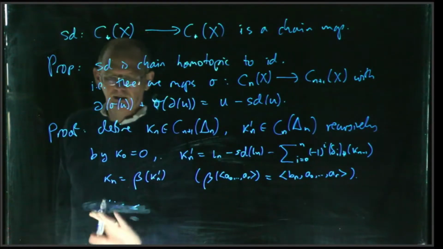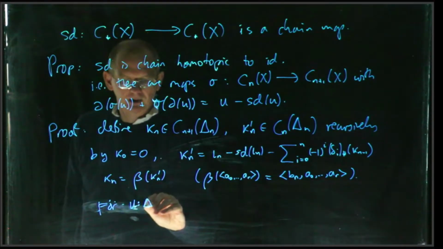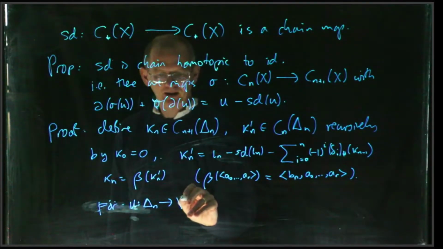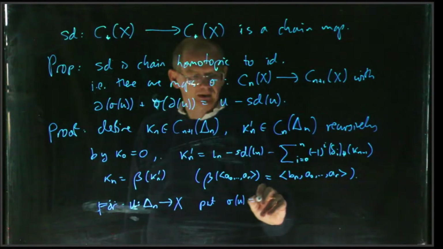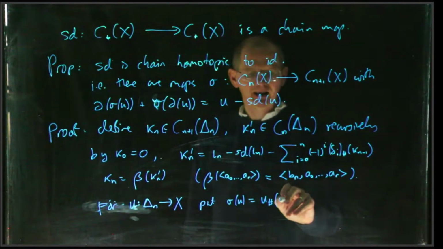Then we define, we've got some basic simplex, a map u from delta n to X, and we're going to put sigma of u equal to u hash of kappa n.